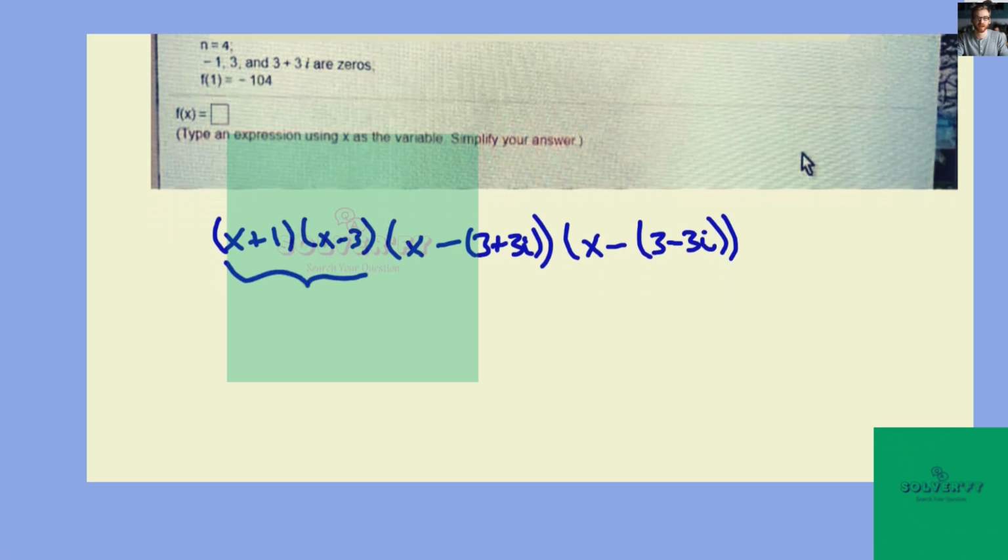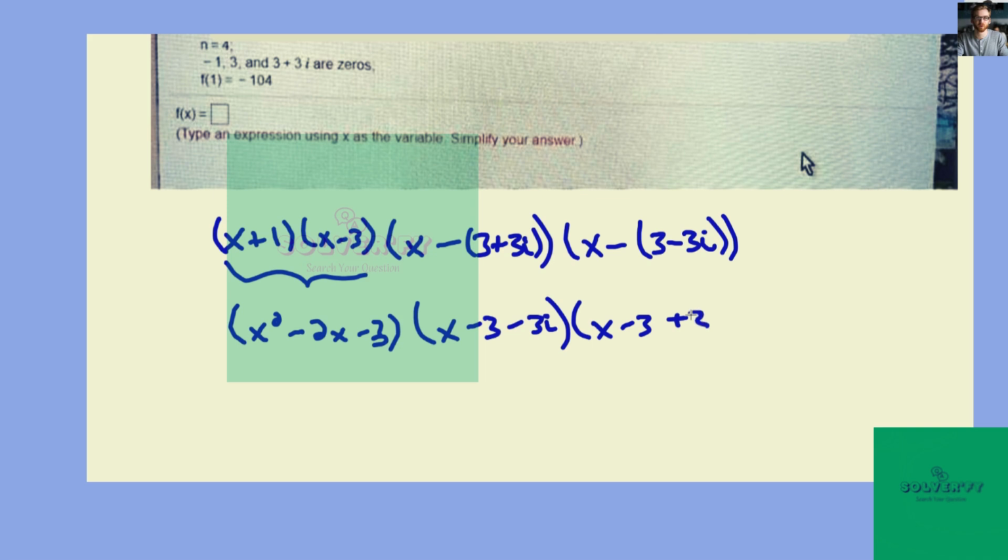So x plus 1 times x minus 3 is x squared minus 3x plus x is minus 2x minus 3. And then this is x minus (3 minus 3i) and x minus (3 plus 3i).